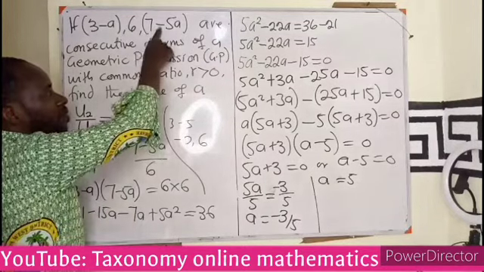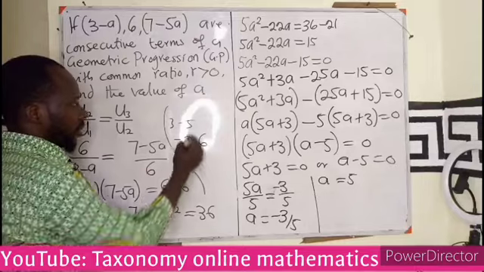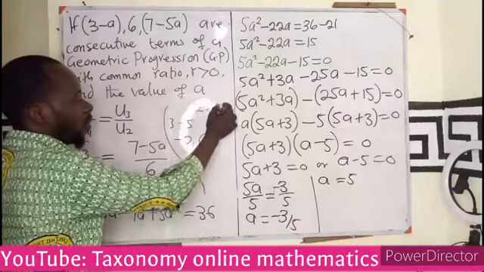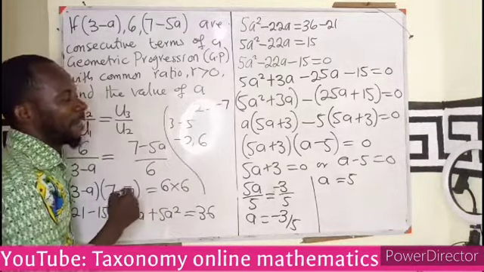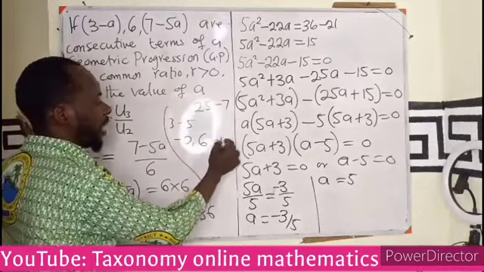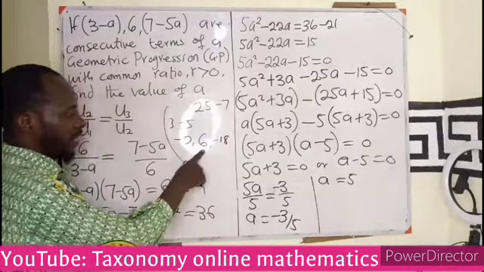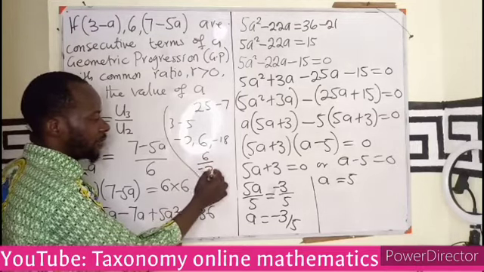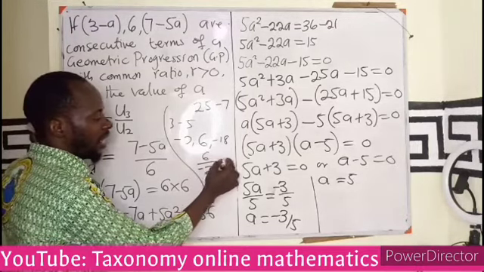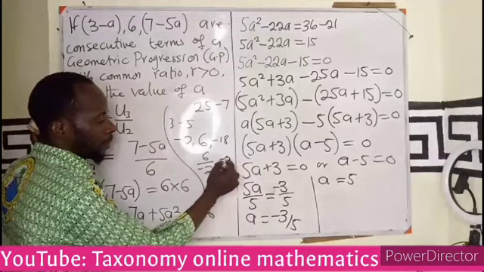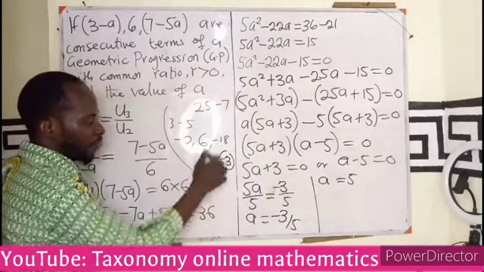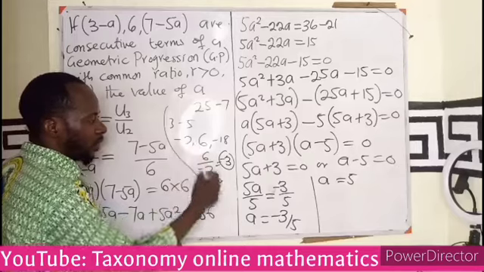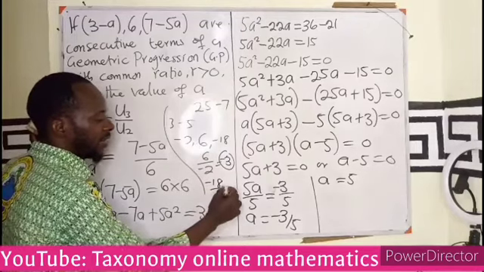So 7 minus 25, I'll be having negative 18. So let's see. If I put 6 over negative 2, I'll be having negative 3 as my answer. If I pick negative 18 over 6, I still get negative 3.